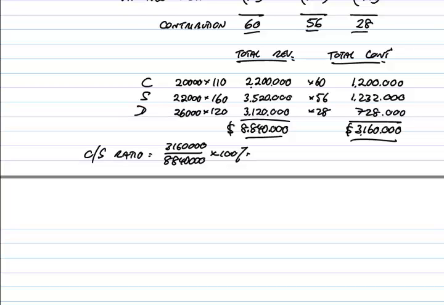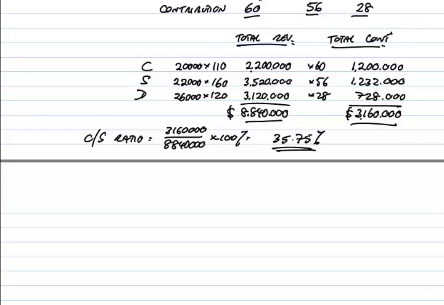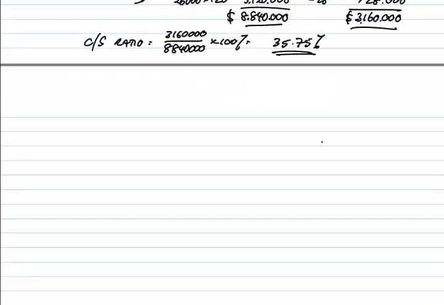Note it says round all workings to 2 decimal places, so to 2 decimal places 35.75%. So that's not too bad. We've not got our half marks yet, but 6 marks there, which, provided you learnt what CS ratio is and basically how we calculate it, that shouldn't have been too bad.